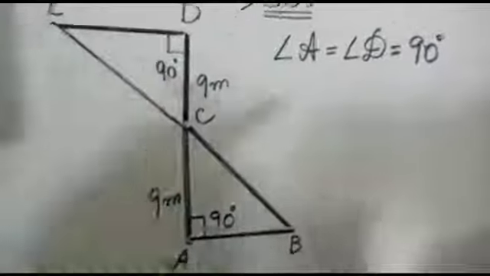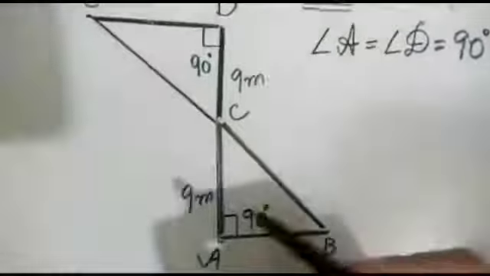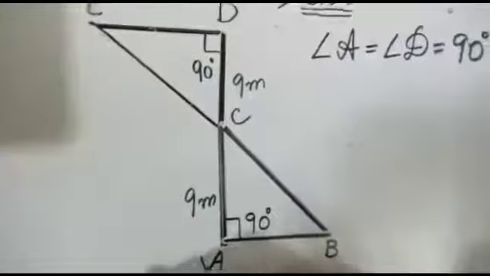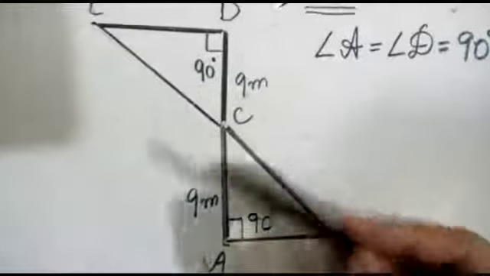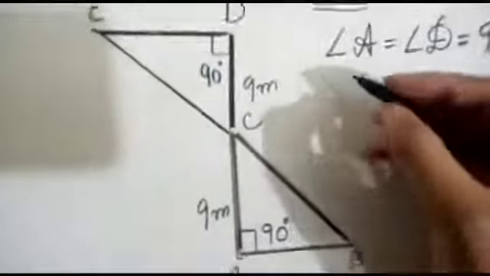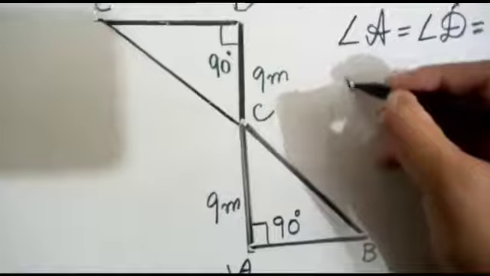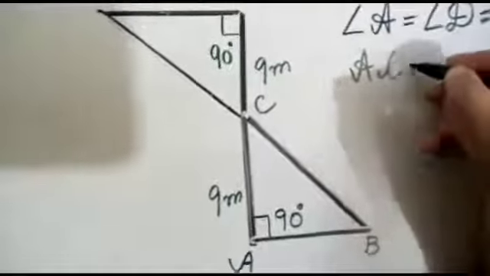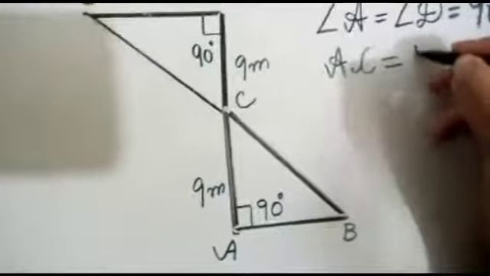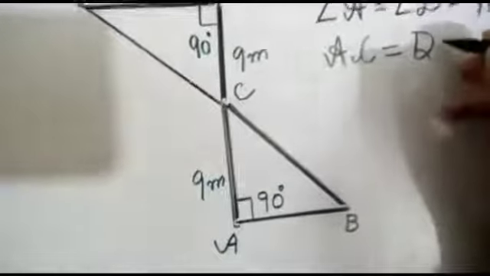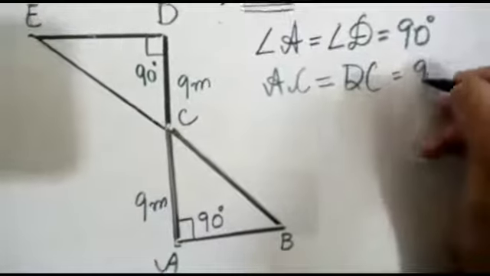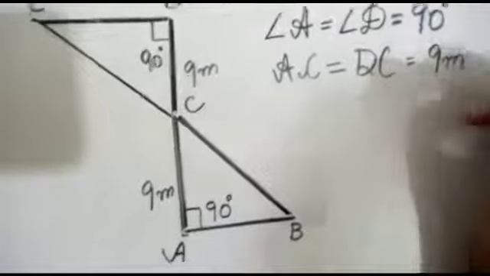It is given in the question that the side AC and the side DC both are equal to each other and equal to 9 meters. So I can write here that side AC is equal to side DC and both are equal to 9 meters.